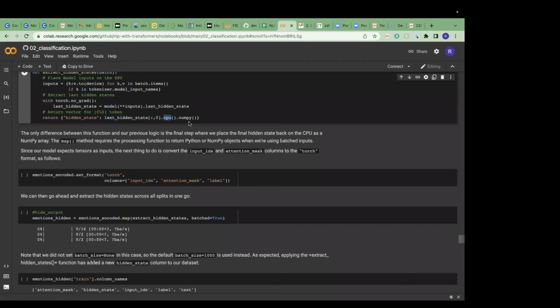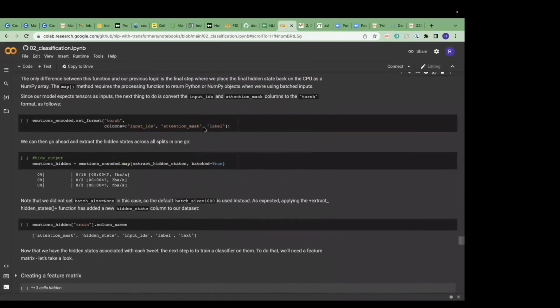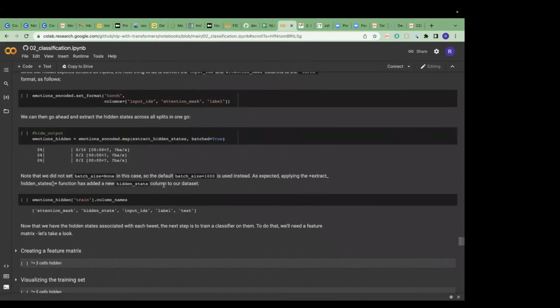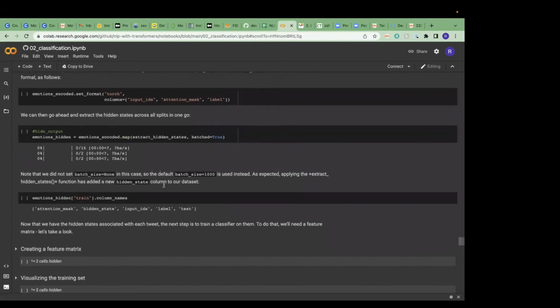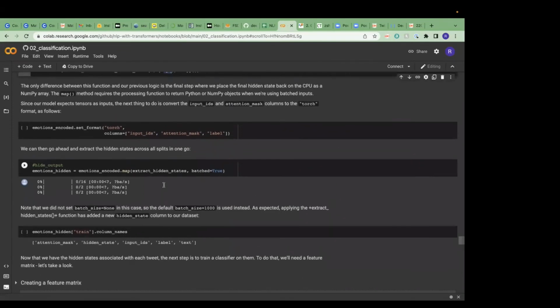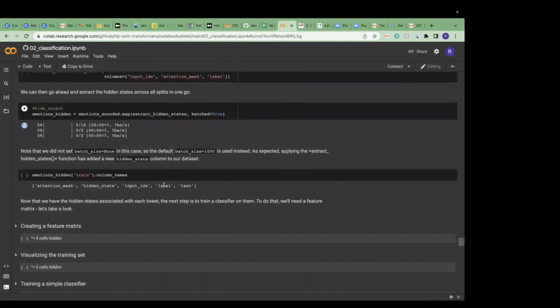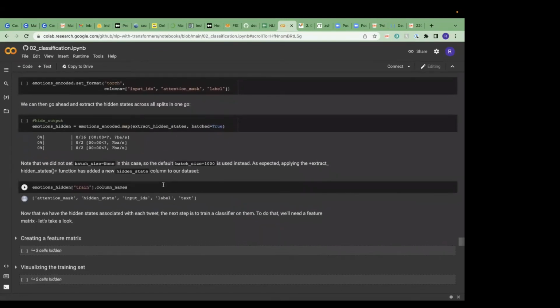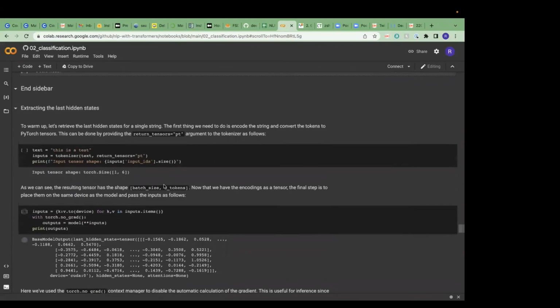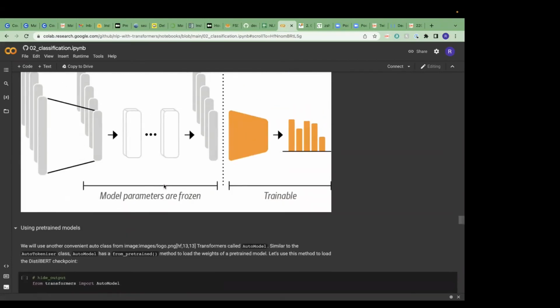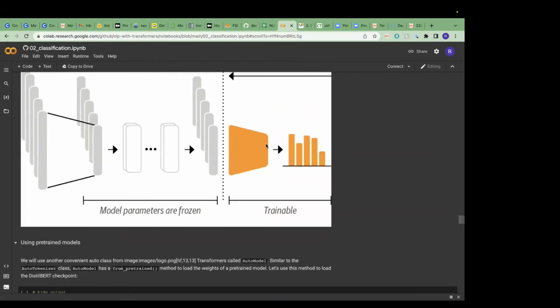Then it takes the tensor, gives it back to the CPU, and converts it to a NumPy array. Then when it's training, it will only be training the logistic regression part of the model instead of the whole model itself.